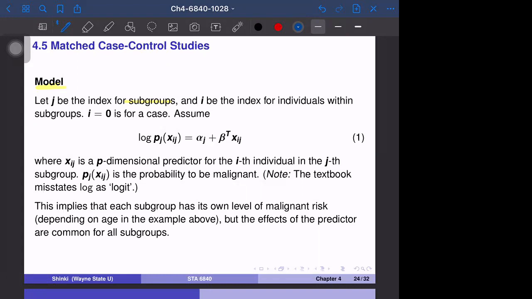And let i be the index for individuals within subgroups. In the previous example, we have 3 observations, so i equal to 0 is the case, and i equal to 1 and 2 are the controls.